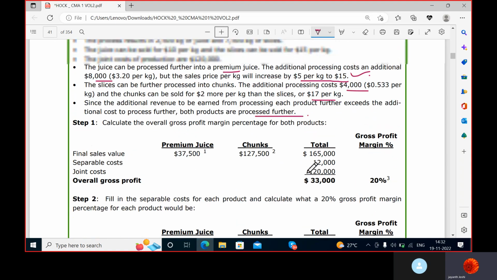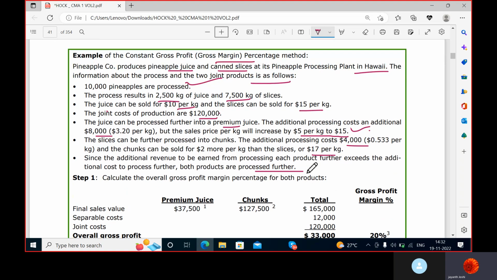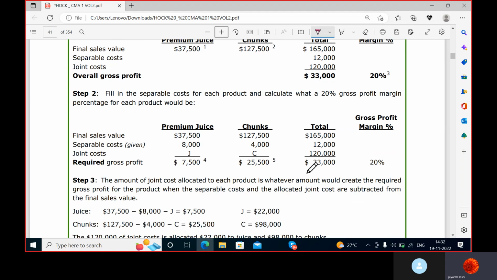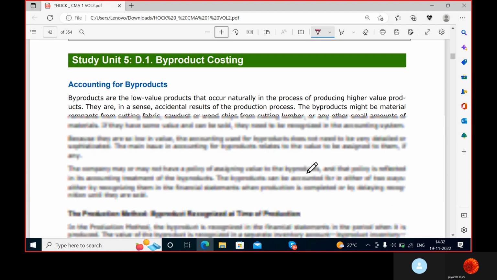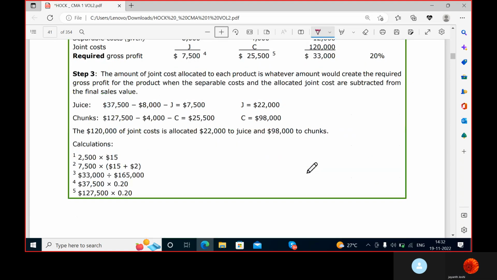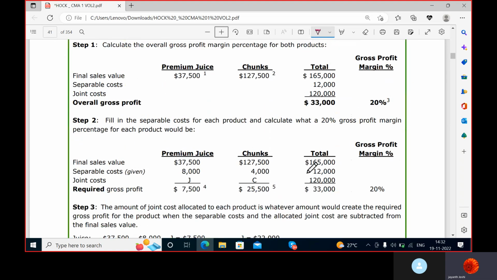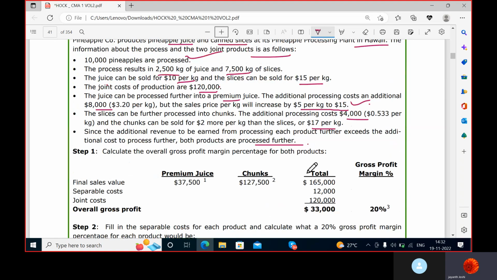So first and foremost thing is what we will do. Premium juice, $37,500. We'll see the working notes. What is that? 2,500 kg of juice into 15.